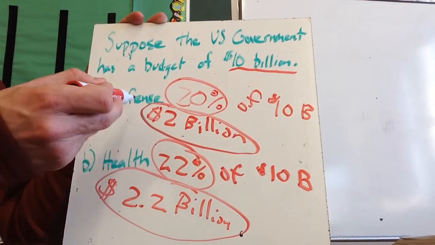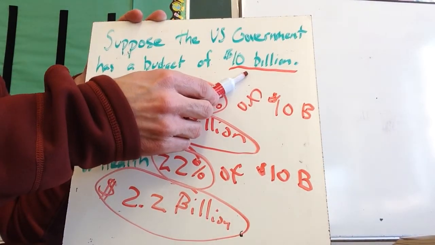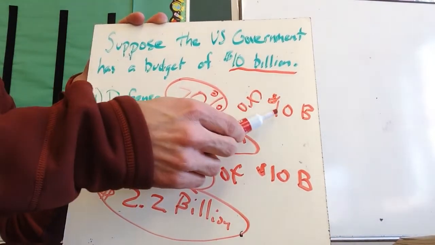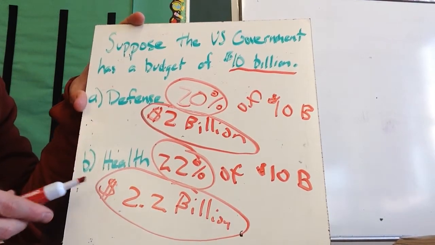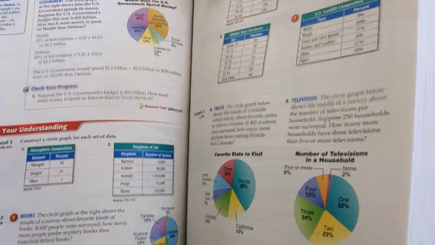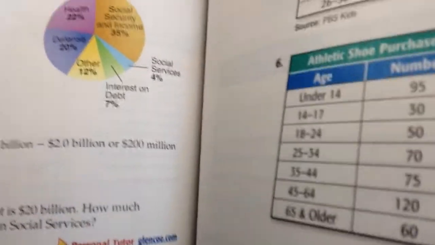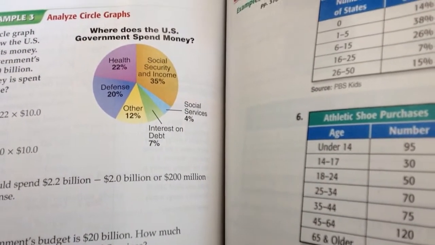Health is 22, defense is 20, and I'm using the 10 billion they gave me, along with the percentages from the circle graph, to figure out how much money they're budgeting for defense and for health. One last look at the circle graph so you know where I'm getting those numbers: health is the purple, defense is the blue, health is 22%, and defense is 20%.